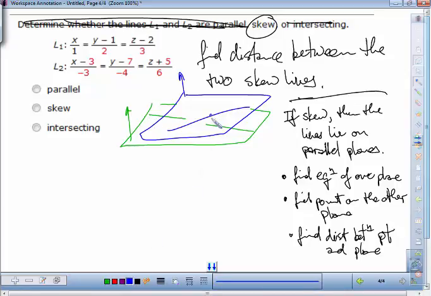We also know that the normal vector is perpendicular to both of these lines. So either of those normal vectors have to be perpendicular to these lines. And if they're perpendicular to these lines, therefore it must be perpendicular to their direction vectors.